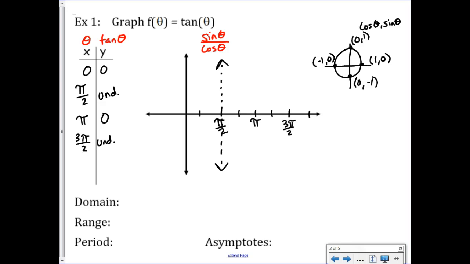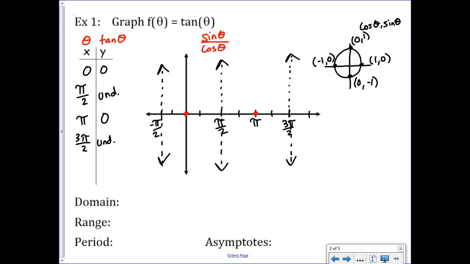At 3 pi over 2, we have another asymptote. If I went back to -pi over 2, that same thing would happen. At 0, I'm at 0. At pi, I'm at 0.